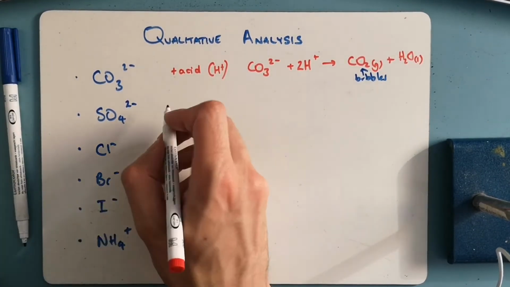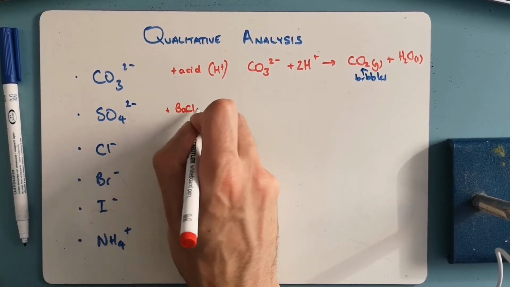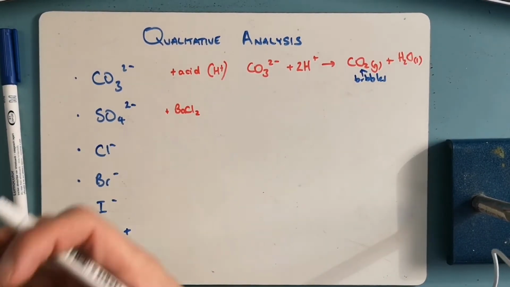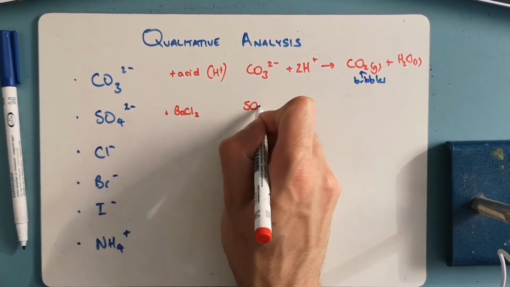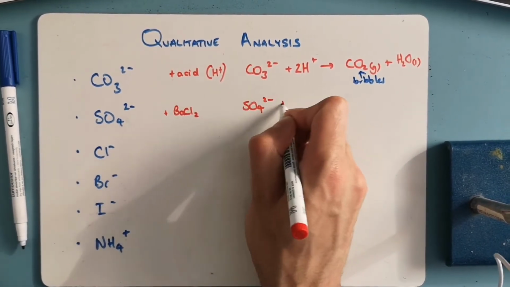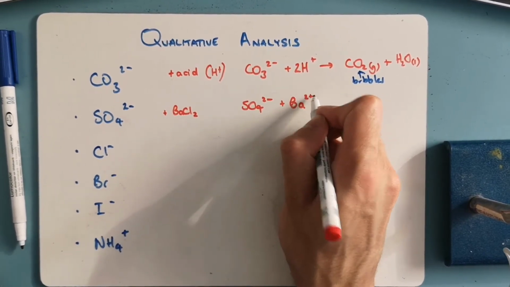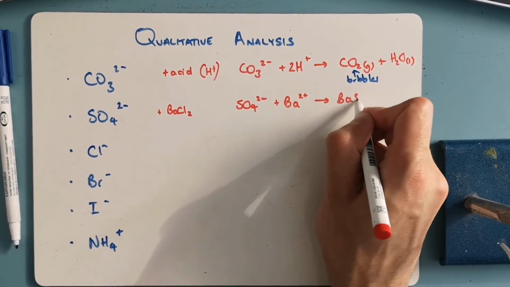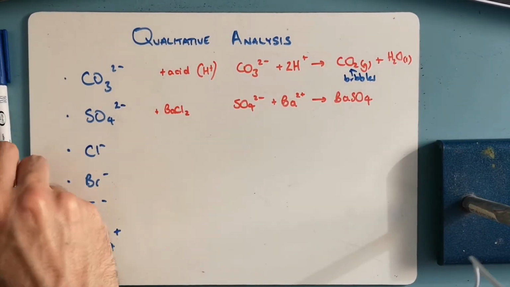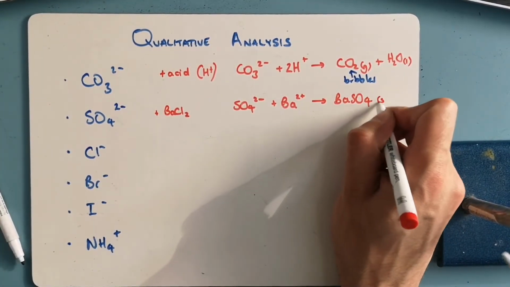Sulfates: if we add barium chloride, sulfates bind to the barium really strongly and don't dissolve again, so we get a precipitate. If we take a sulfate and add barium ions, we get barium sulfate, solid.